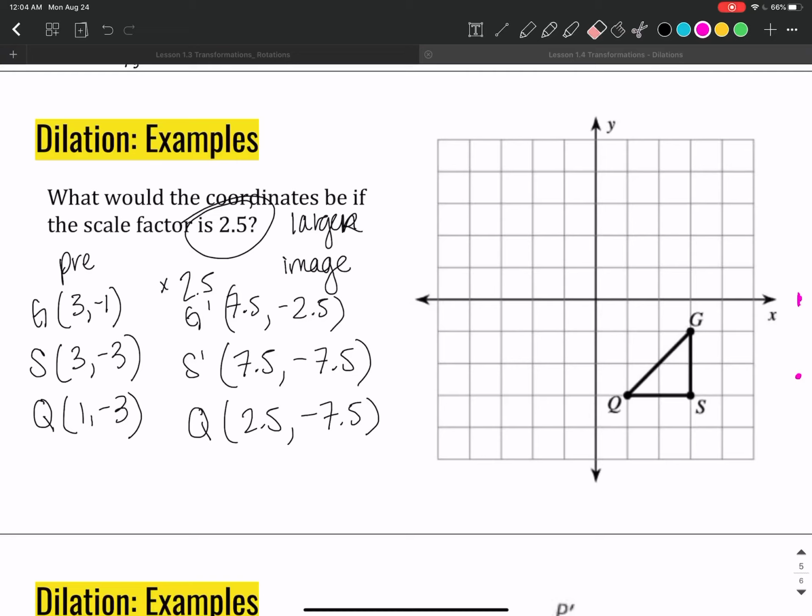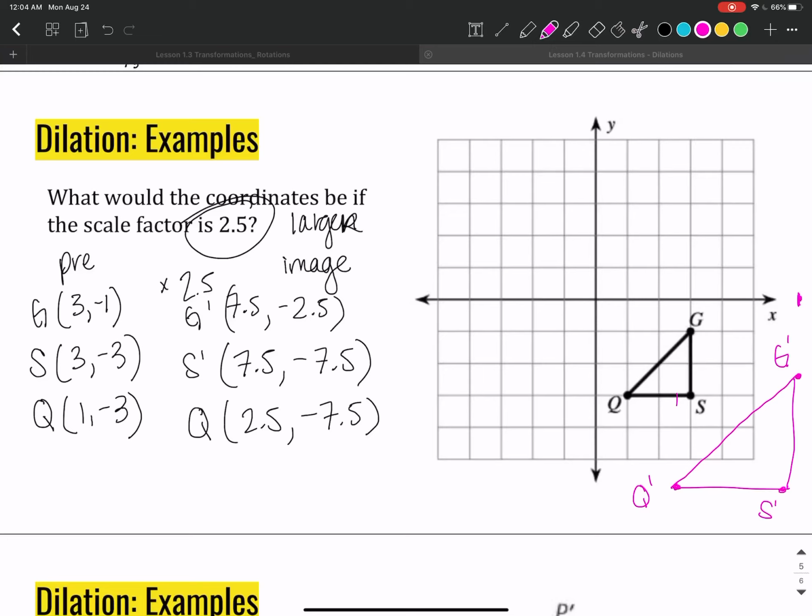So again, someplace over here. Oh, there we go. And then the last one would have been 2.5, and then someplace down over here. So again, it kind of came off our graph a little bit. That's okay. But we had done Q prime, S prime, and G prime.